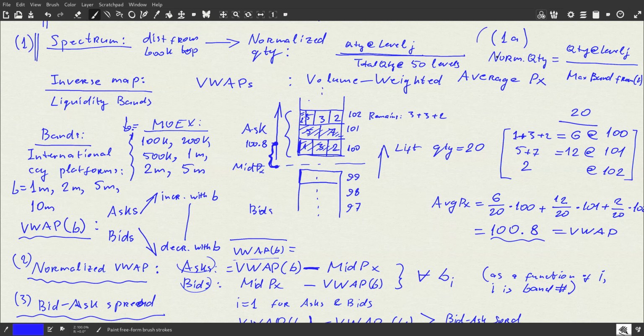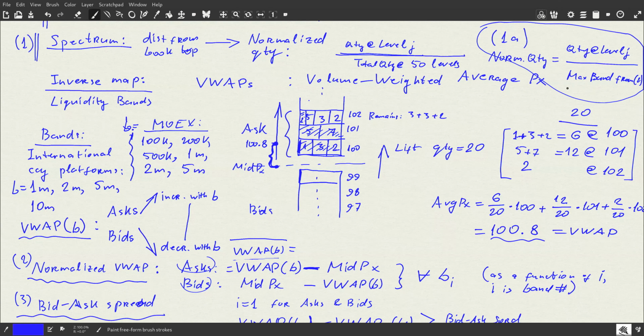So in 1a, you can use the second definition of normalized quantity as the quantity of a particular level divided by the maximum band, which is taken from your feature set 2.